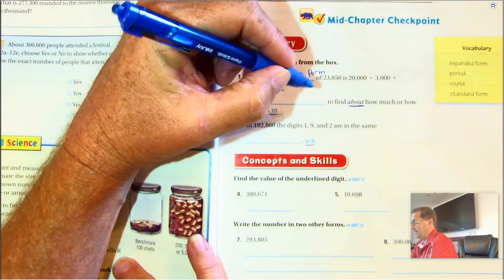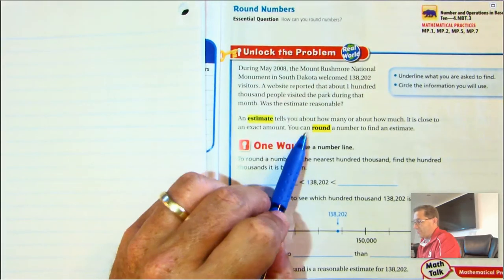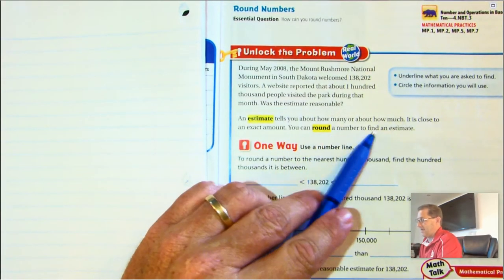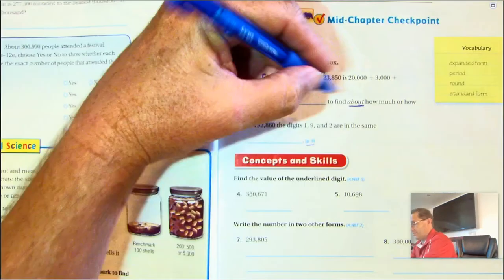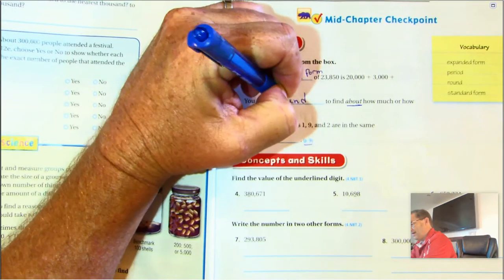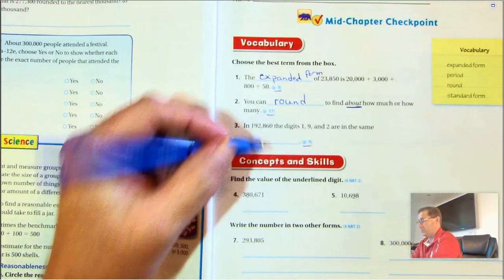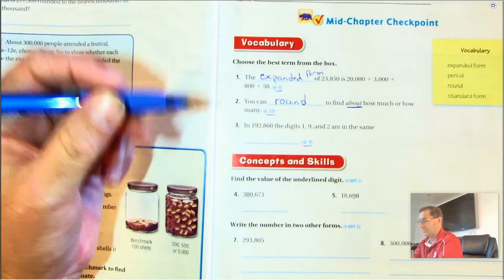So you can round a number to find an estimate. So when we find something that's about, we're estimating. So we're going to round the number.